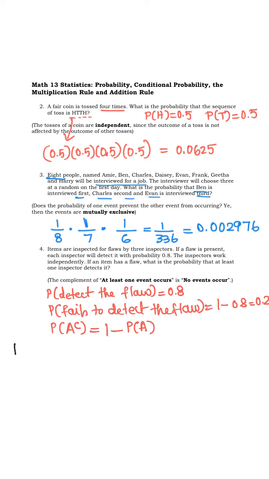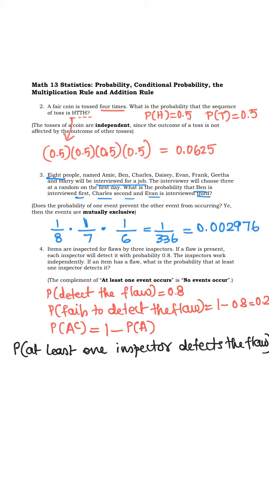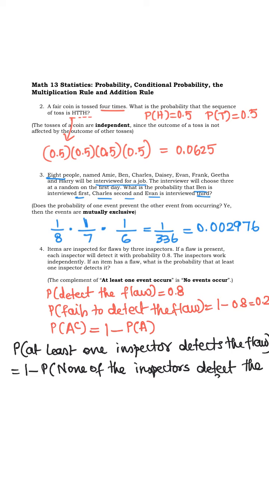So we need to find the probability that at least one inspector detects the flaw. That is actually 1 minus the probability that none of the inspectors detect the flaw.